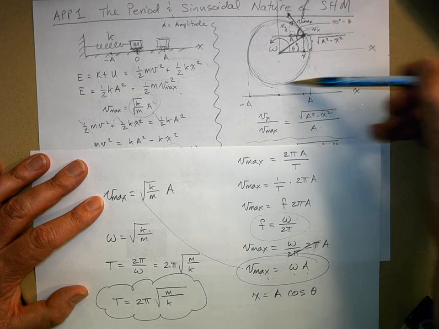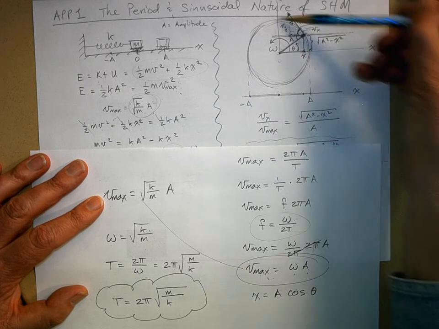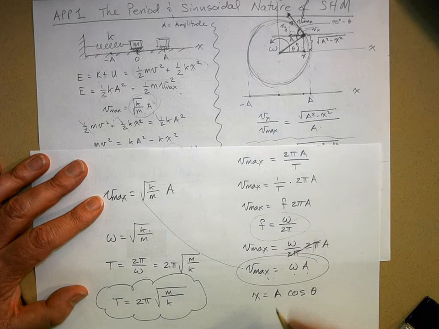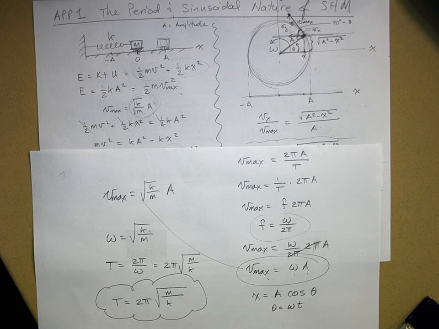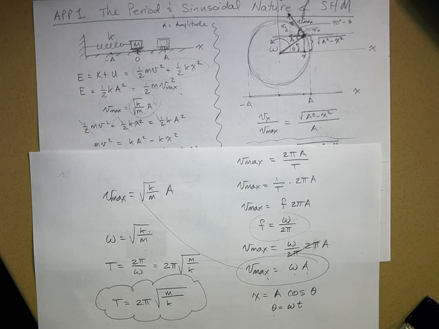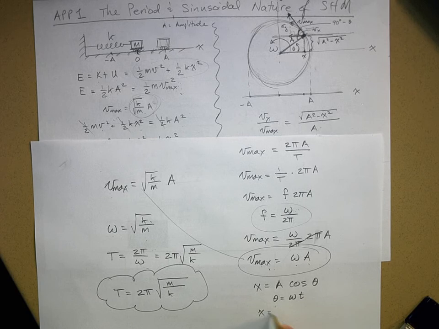At t equals 0, it's right here, but it's moving around like this. Well, we can say that theta is equal to the angular velocity times time, theta in radians. So x equals a cosine omega t.